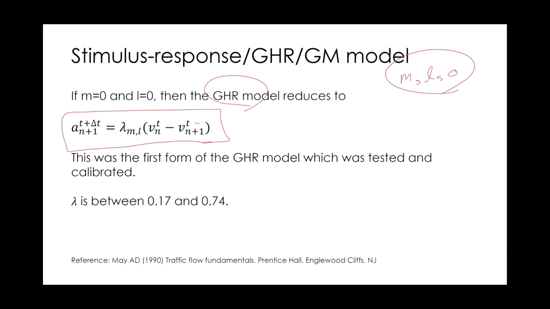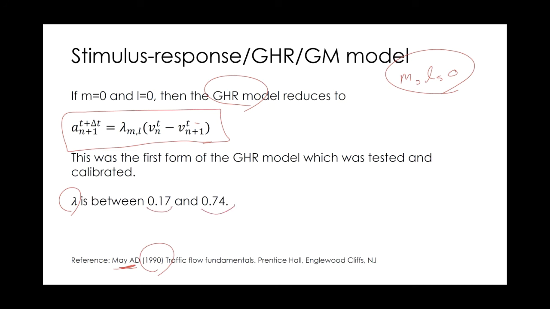This was the first form of the GHR model, which was tested and calibrated many years ago, in 1990, actually. Maybe even earlier. This is a reference to a book. I can try to find the actual paper, but I don't have it here. And lambda, based on some actual data, is calibrated to be between 0.17 and 0.74.